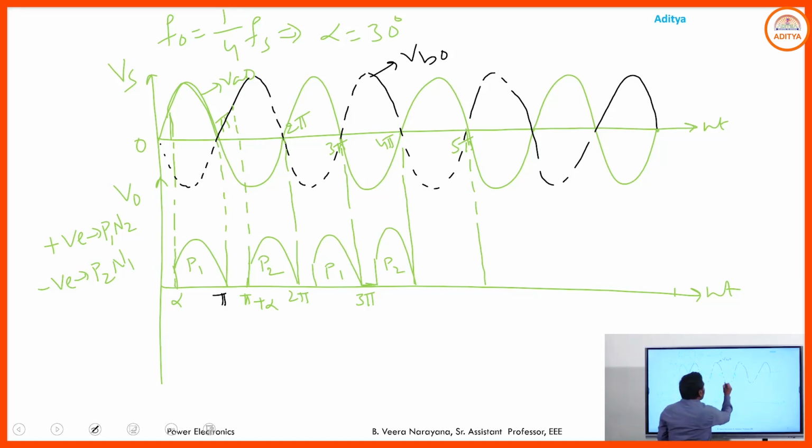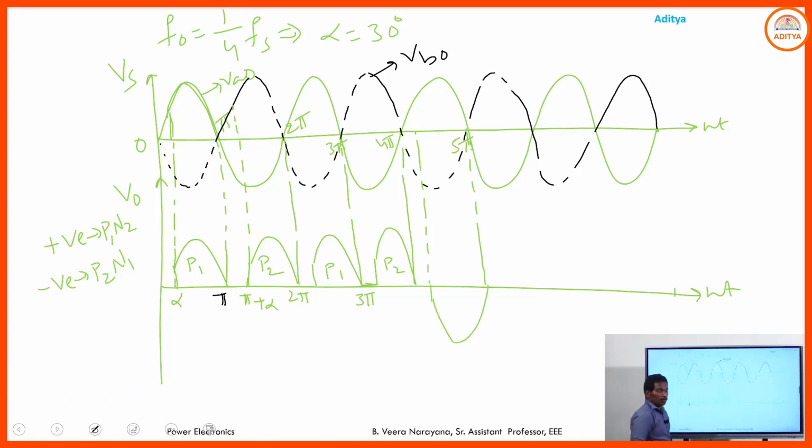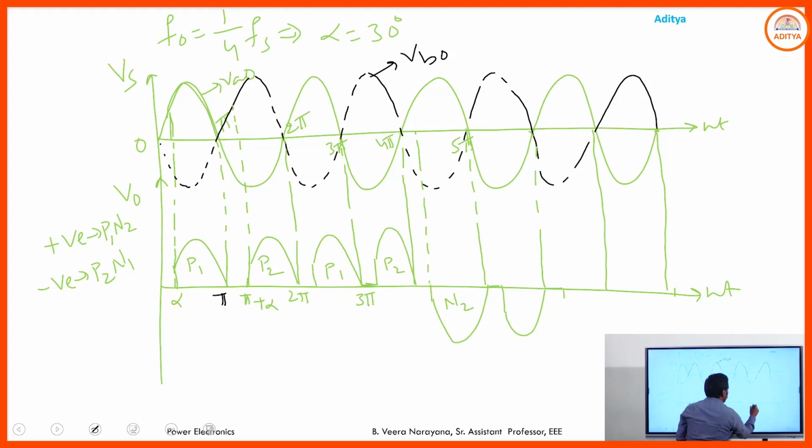So from 4 pi plus alpha onwards, we are getting the negative output voltage across the load due to the conduction of N2. And again like this, here again N1, N2, N1.